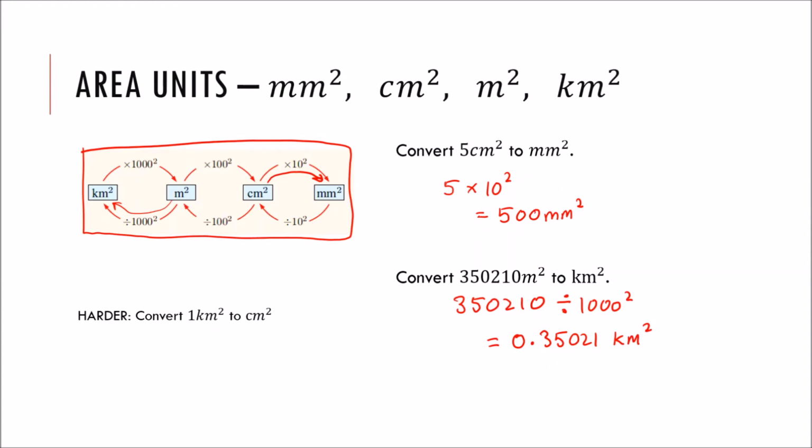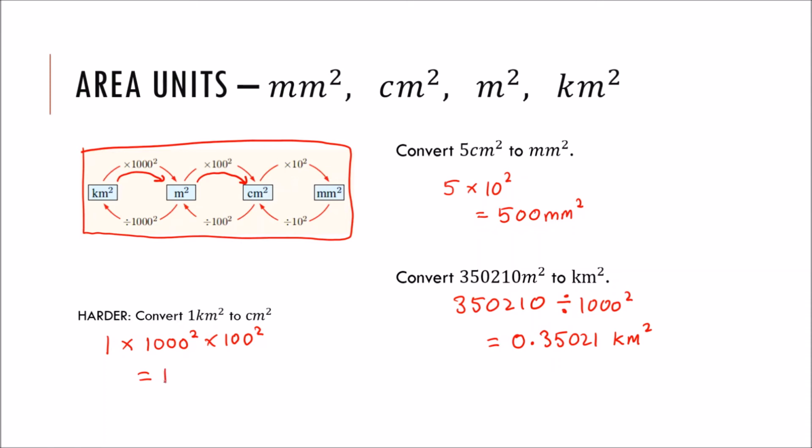Just like we did with our regular length units, we can move down a few different spots as well with our area units. So 1 kilometer squared to centimeters squared, I have to do one of these, and then I need to go to the next one after that as well. So again, we go 1 times by the 1,000 squared times by the 100 squared, and you end up with a big number.